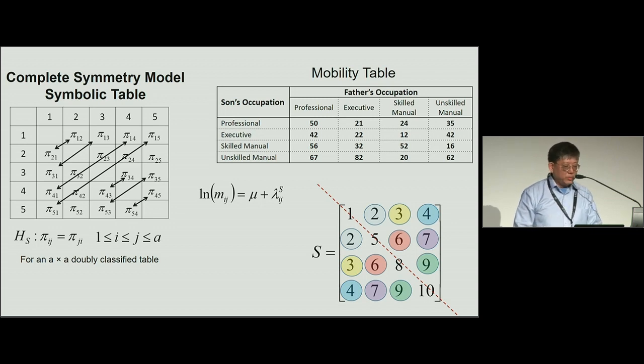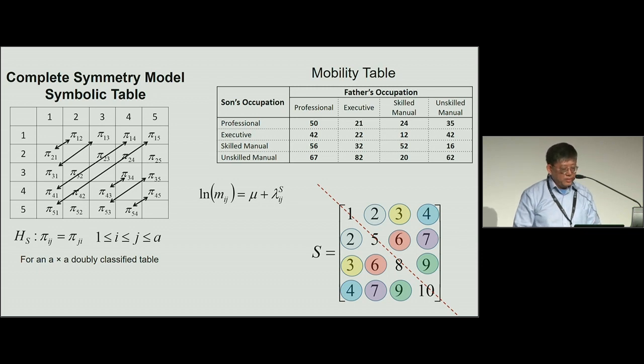To start with, the complete symmetry model says that the cell 1, 2 is equally likely to be the same as 2, 1. And 3, 1 is equally likely to 1, 3. And the rest of the cells have the same type of property.